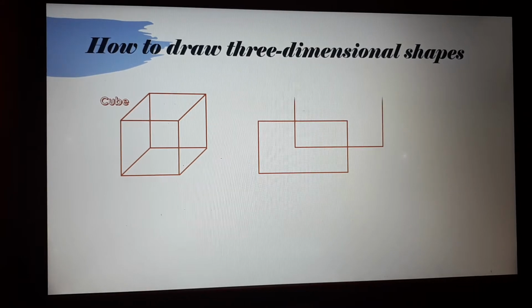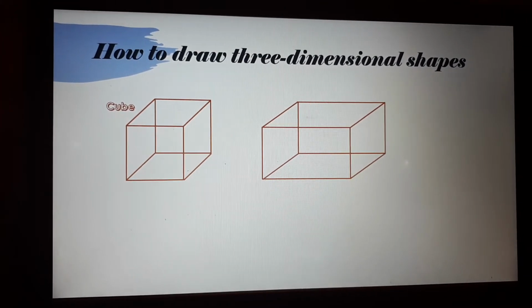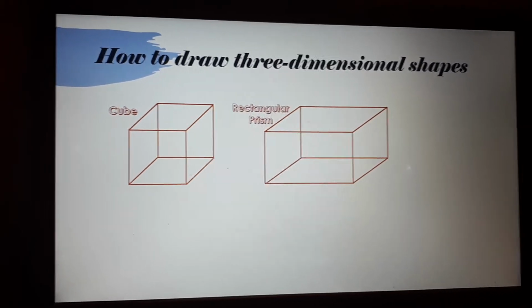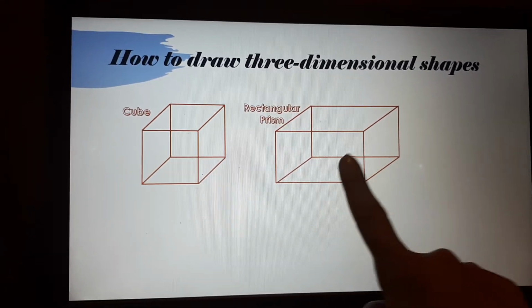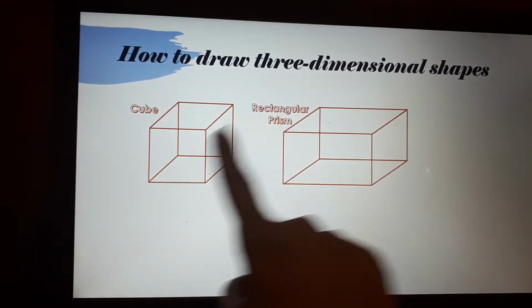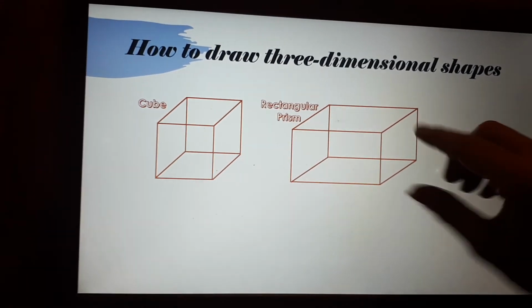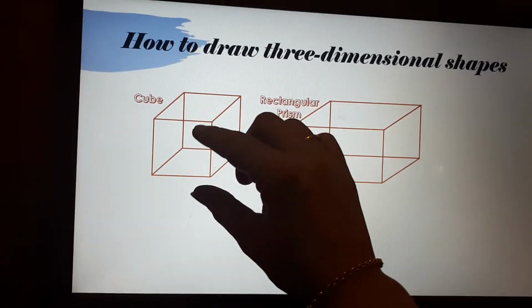Now here I will draw two rectangles, connect the vertices together. I will have a rectangular prism. You see, I have here the same number of faces, same number of edges, same number of vertices, but it's a bit taller. So I use a rectangle instead of a square.